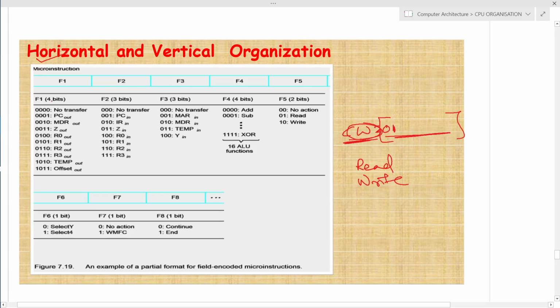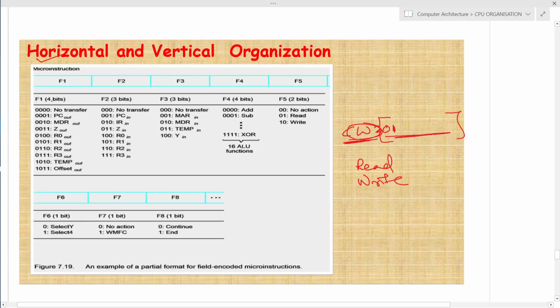But most microprogram control approaches prefer vertical organization, the way it is shown in this diagram. This way vertical organization is implemented with the help of groups, where each group represents certain control signals.